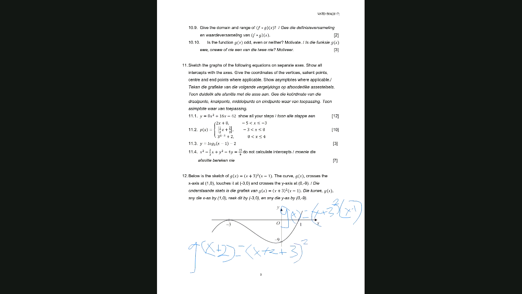Then x plus 2 minus 1. Then we are going to get x plus 5 all squared, x plus 1.